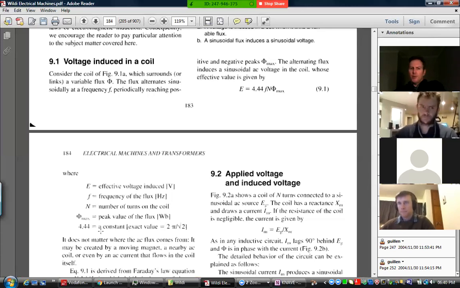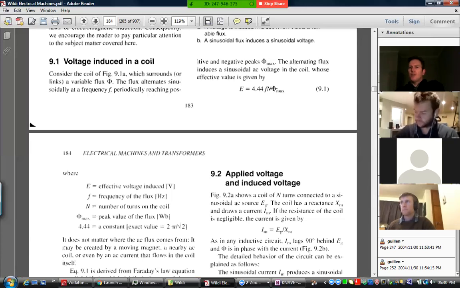So in that 4.44 is a 2 pi somewhere to convert a frequency to radians per second, omega. And then also there's a root 2 because we're looking at this as an RMS value, a continuous value, whereas this is a peak value.